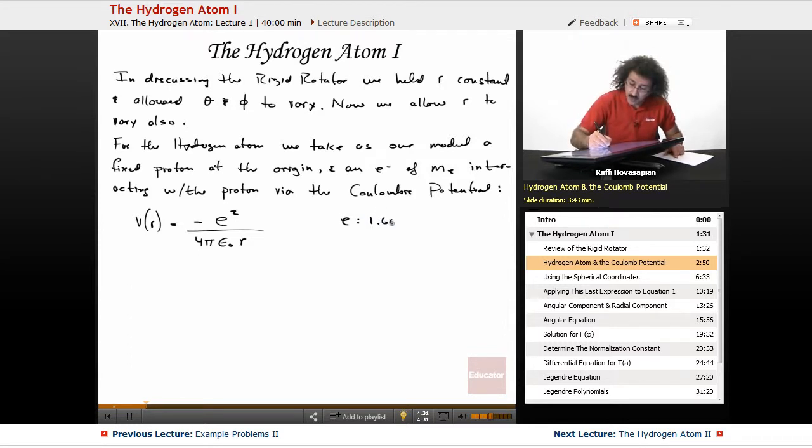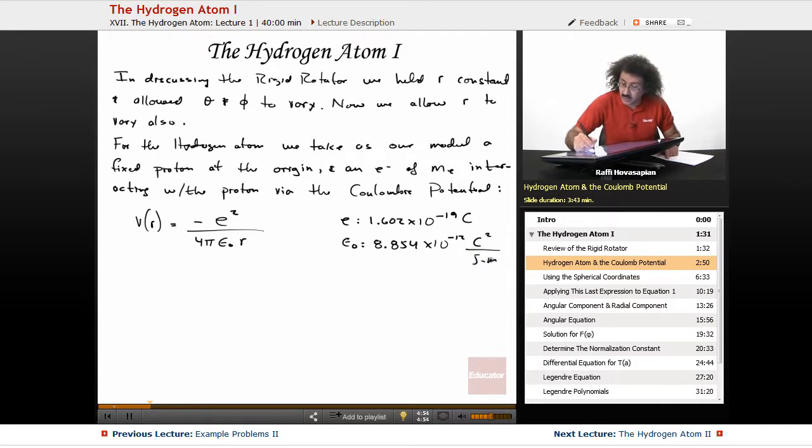So it's going to be 1.602 times 10 to the negative 19 coulombs. And this epsilon sub 0, that is the permittivity of free space, and its value is 8.854 times 10 to the negative 12th. I never memorized these. Its units are C squared per joule meter.